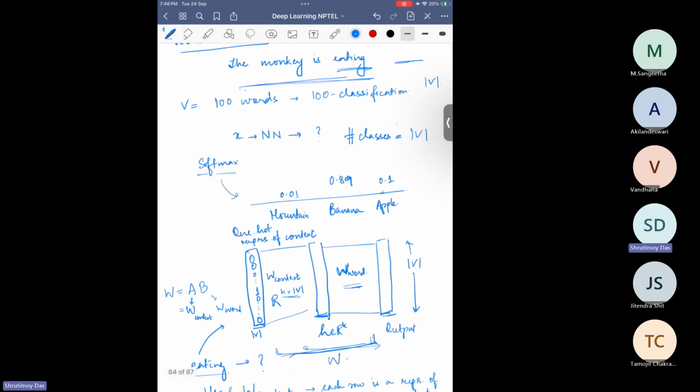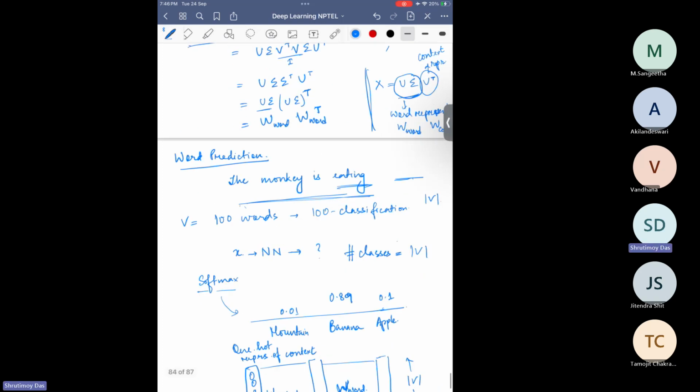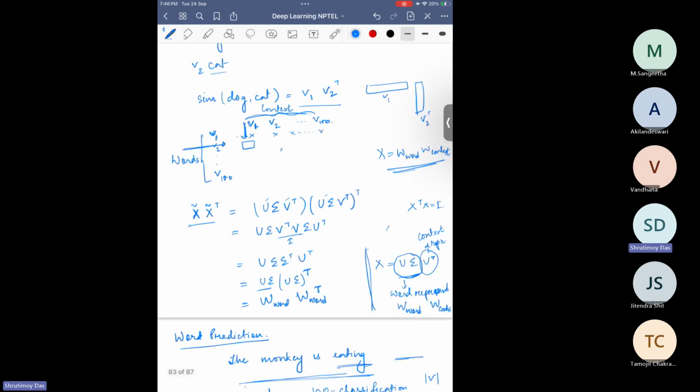So I can also write this as word times context. Doing an SVD amounts to writing X as a product of two matrices, W word and W context.